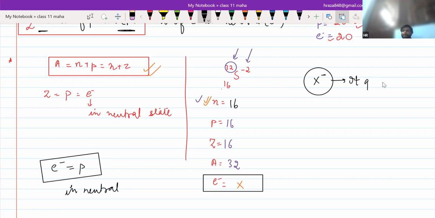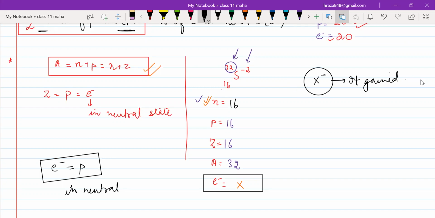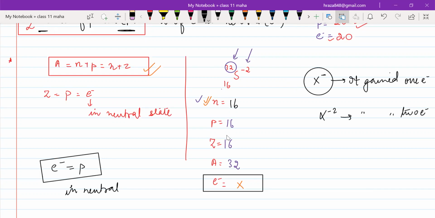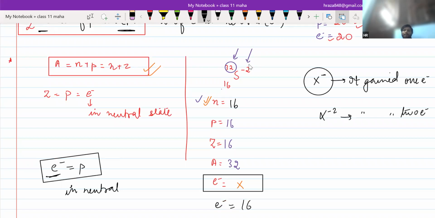But X minus 2 means it gained two electrons. So in the neutral state, electrons must be 16, but it gains 2 electrons, so the number of electrons will be 18.